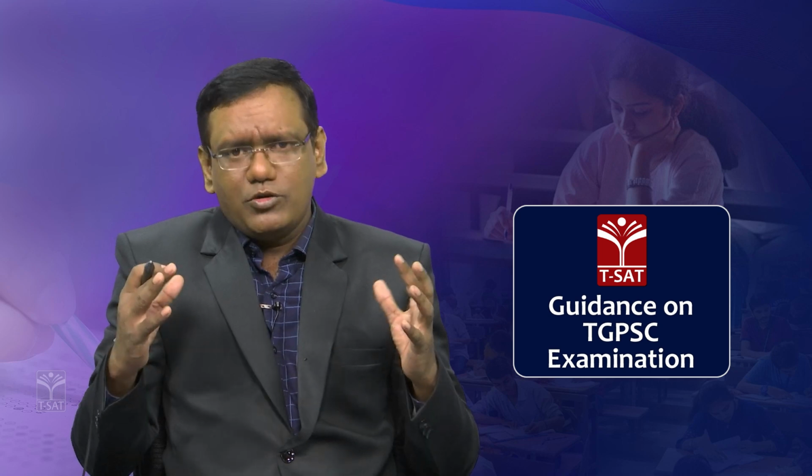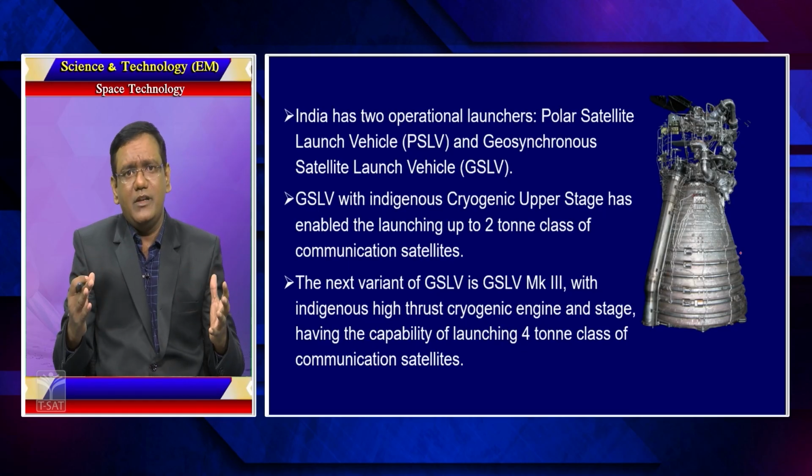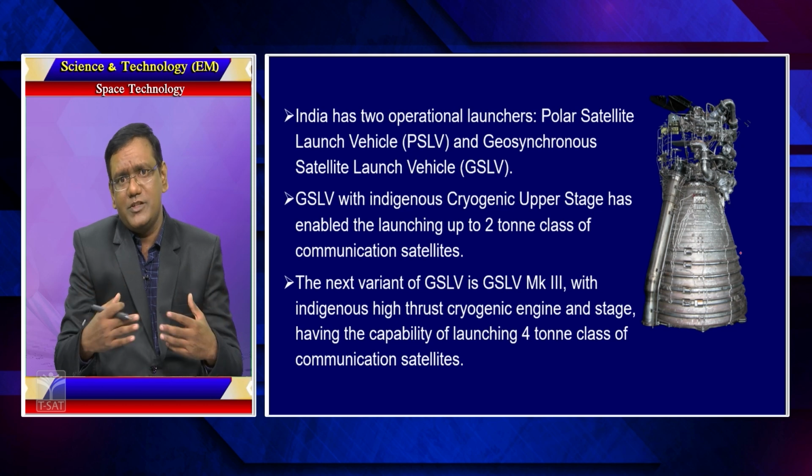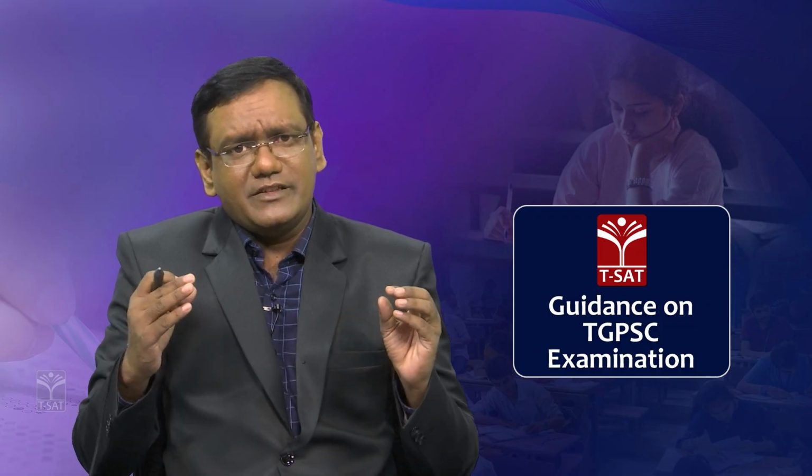If we want to take a bigger satellite, obviously we need more height and more weight. So more weight means we need powerful launchers, and powerful launchers mean we need powerful engines. What is the powerful engine that we could use? The cryogenic engine is the most powerful engine. So that is the reason why we use this cryogenic engine in the GSLV, whereas in the polar satellite launch vehicle we are not using this cryogenic engine.